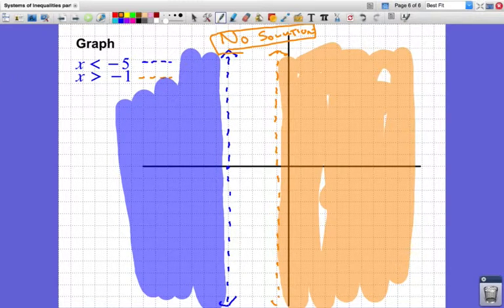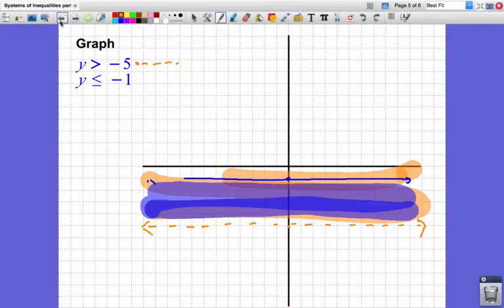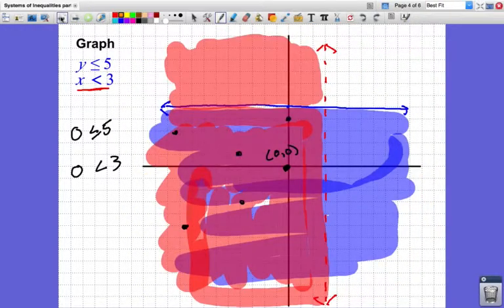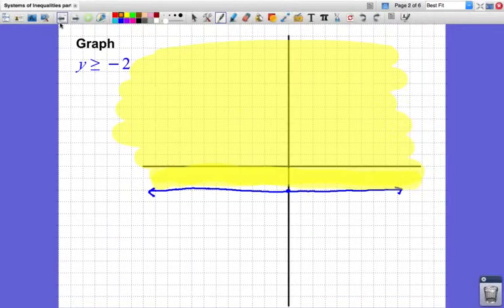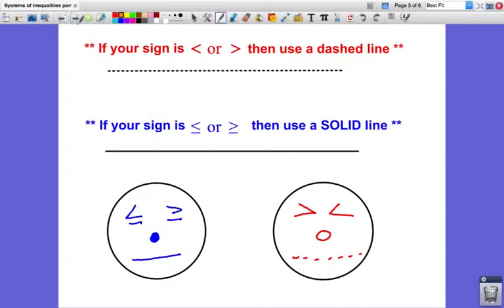So remember, just a quick recap, and then we're going to be all done. When we're graphing systems of inequalities, first we graph the inequality as if it was a line in an equation, not just an inequality, and then we shade our solution depending on whether it's less than or greater than, or less than or equal to, or greater than or equal to.